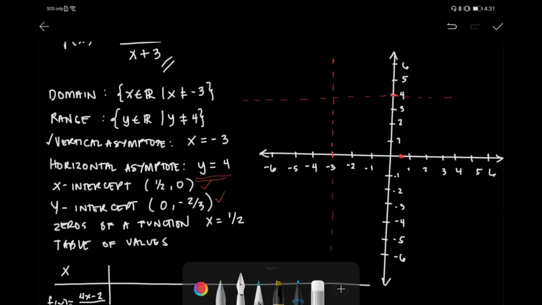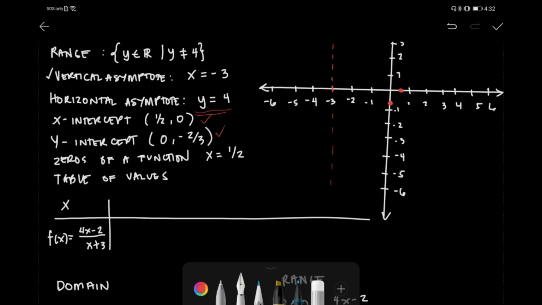So approximately, here is our 0 and negative 2/3, in this part. So we have plotted our vertical asymptote, horizontal asymptote, x-intercept, and y-intercept. In this case, the zero of the function is when the value of our x is 1/2. So it is here, and our y becomes 0. So it is still here.